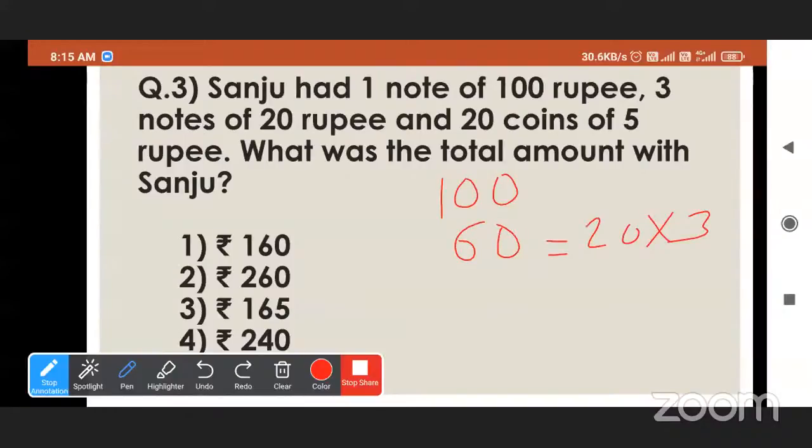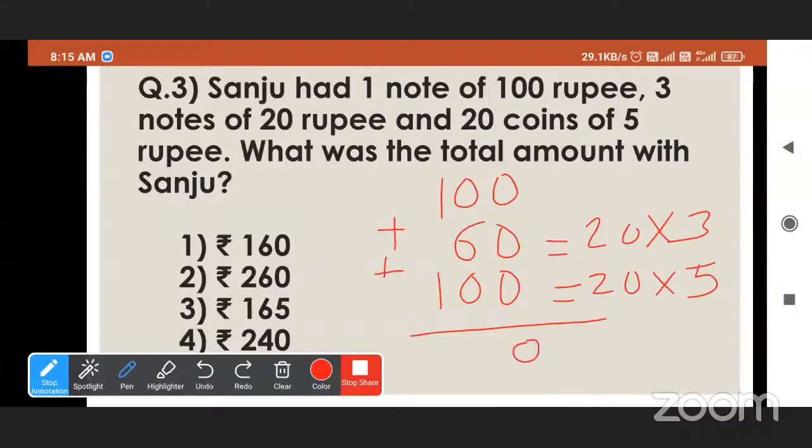And 20 coins of 5 rupees means how many rupees? 20 multiplied by 5. That is 10 or 100? 100. So the total amount, we have to add it. 0 plus 0 plus 0 is 0. 0 plus 6 plus 0 is 6.